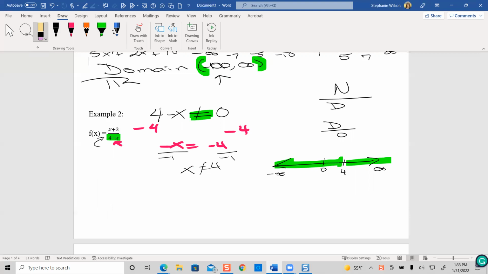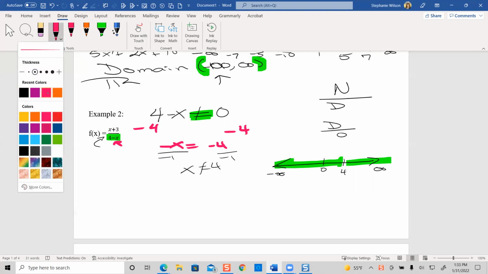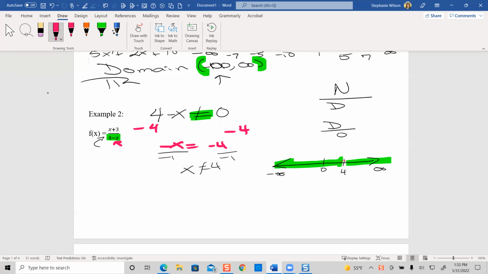However, I cannot have 4. So my notation on this would be an open circle on this point on the graph, and it's going to be a parenthesis. When I write this out, I know that you always put a parenthesis on infinity. And you always read left to right, smaller to larger. So I have negative infinity to 4.